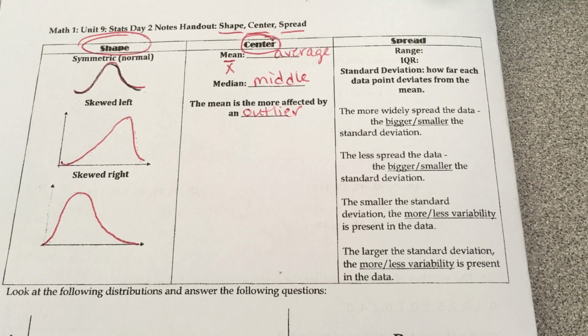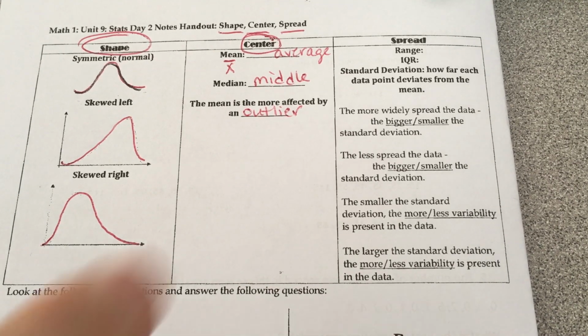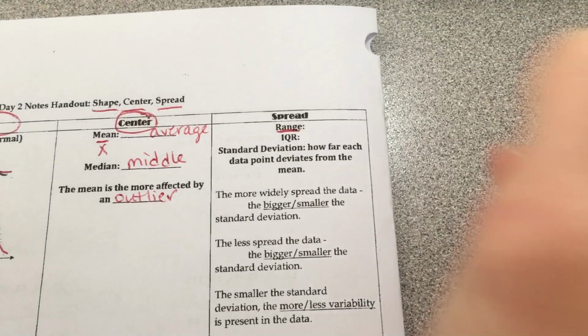Okay? All right. And then the next part we have is spread. What does it say? Somebody read the first part for me. For spread, it says range. What is range?